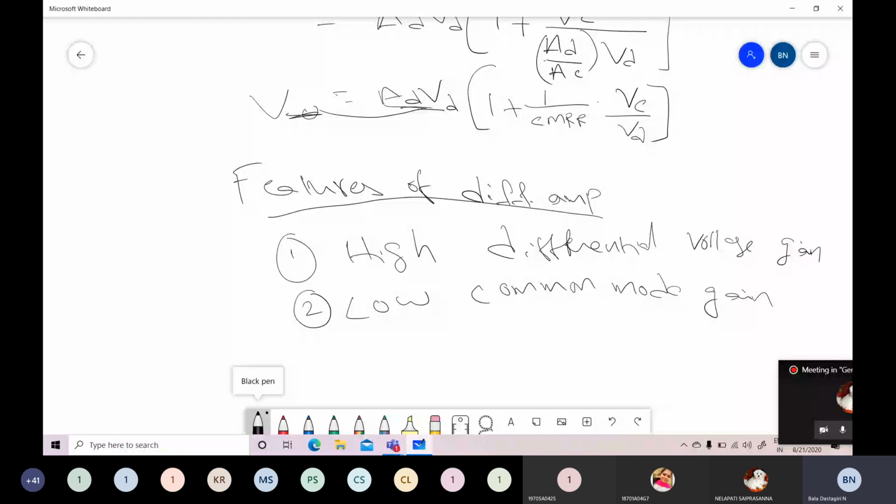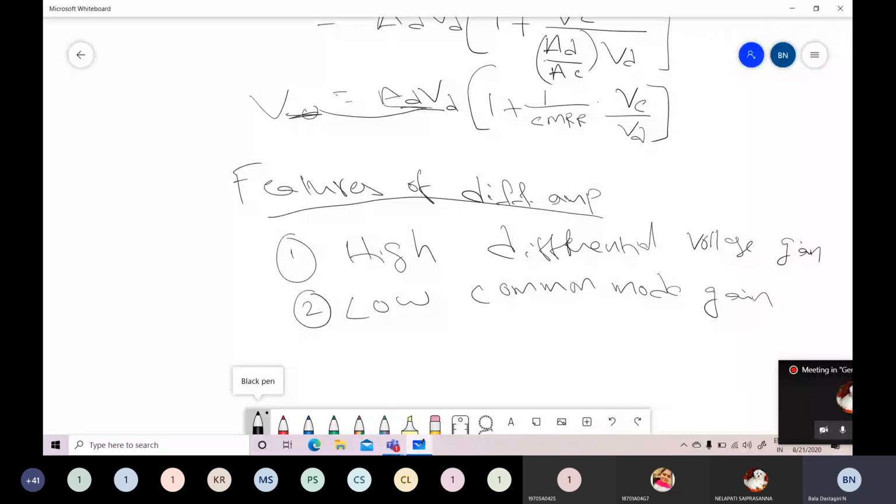Due to the presence of noise or disturbances, there will be some common mode signals, and these give the common mode gain. These common mode signals occur only due to interference with the external environment or noise. Therefore the gain due to the common mode signal should be very low. That is the important feature.